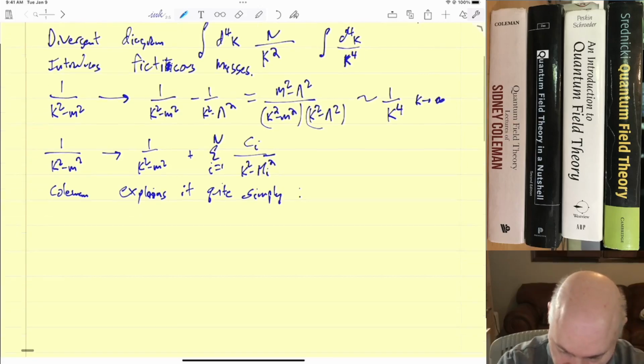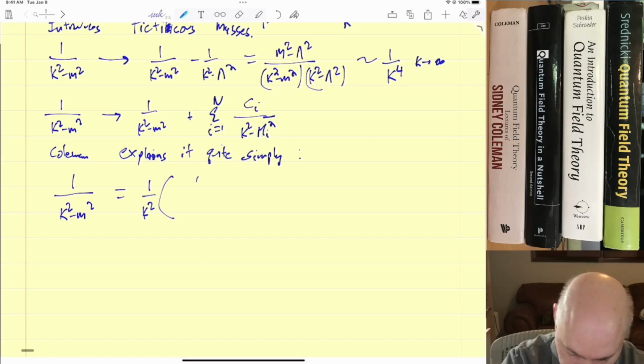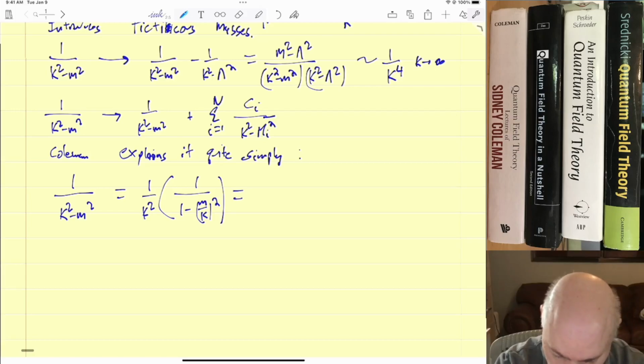But let's say you take 1 over k squared minus m squared, and you just rewrite it. Factor out a 1 over k squared. And eventually k is going to become infinity. And using what Coleman refers to as butcher mathematics, or non-rigorous mathematics, we're not going to worry about convergence of this series.